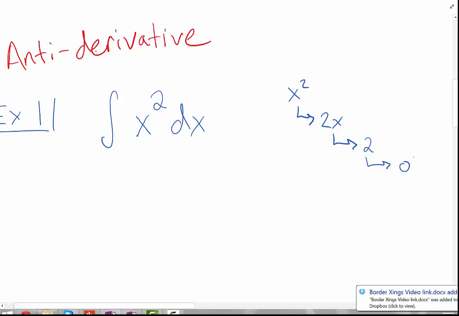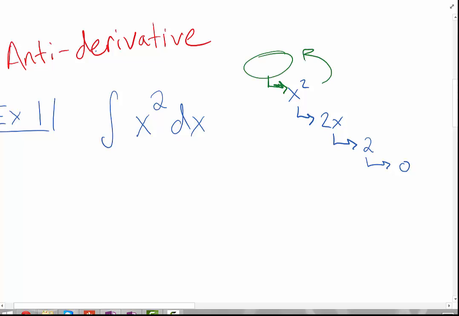But I kind of think of it almost as a ladder, like a step ladder. If we wanted to think, what's above x squared? What's up here? If we took the derivative of what, would we get to x squared? And that is the integral. Kind of going backwards is an integral. So the integral of 0 could be 2.